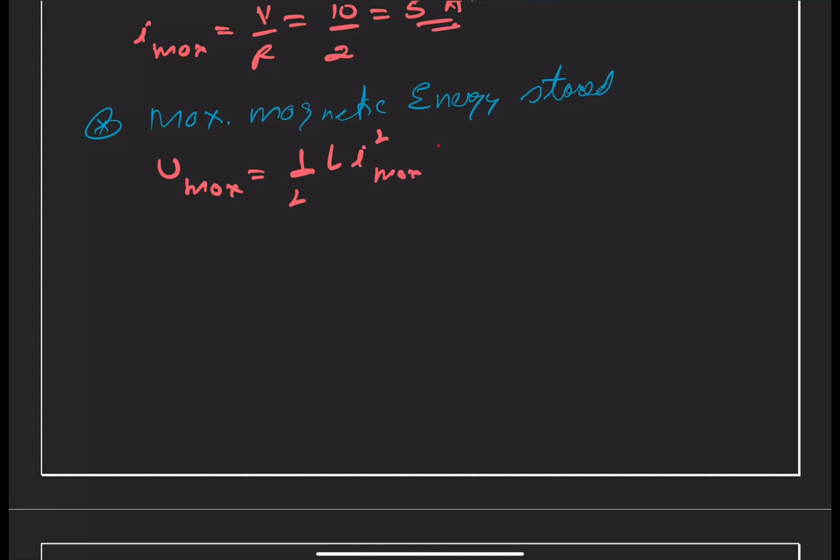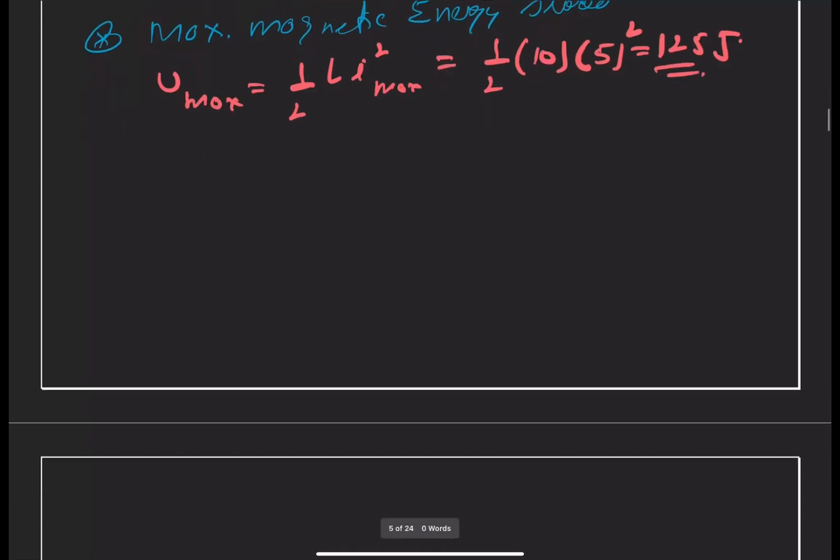We already know this is half, inductor is 10, I max is 5 and its square, which comes to 125 joules.